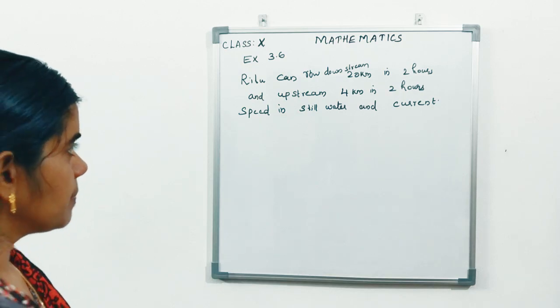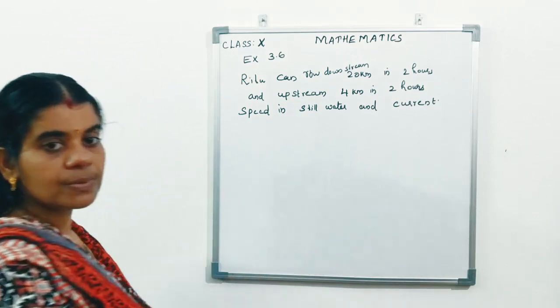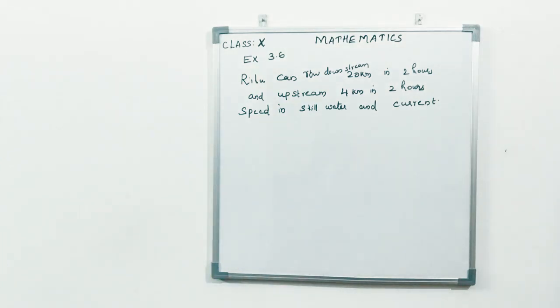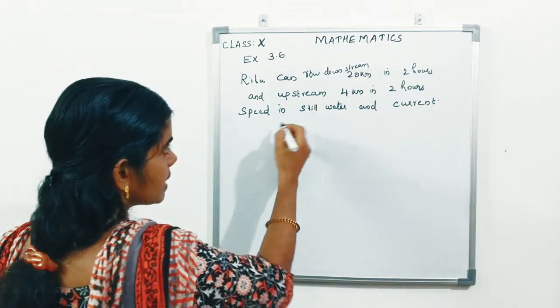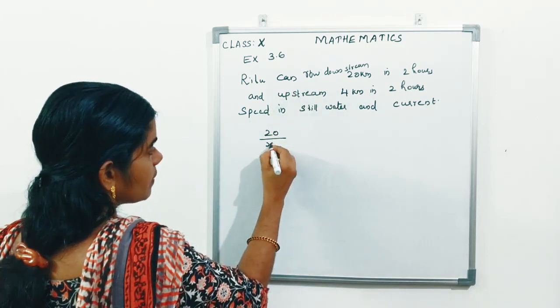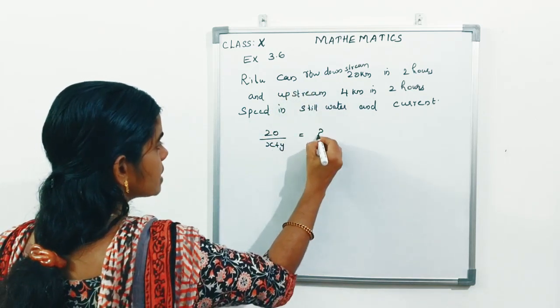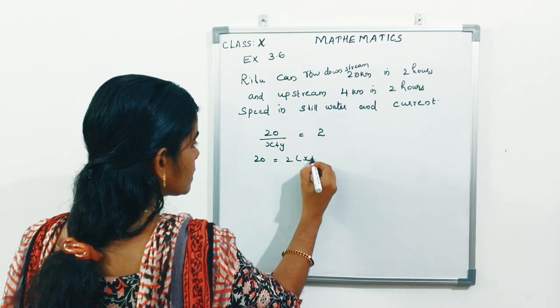You already know that time is equal to distance by speed. Therefore 2 hours, distance 20, downstream speed x plus y: 20 by x plus y is equal to 2. Then 20 is equal to 2 into x plus y.